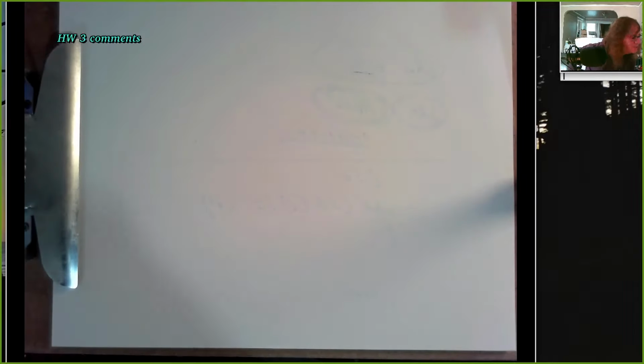So pretty much everybody has the right idea for doing these proofs, which is awesome because the majority of what we're going to do in this course comes down to being able to do proofs in one form or another. Sometimes they're very formal with all the funny symbols and things like that.